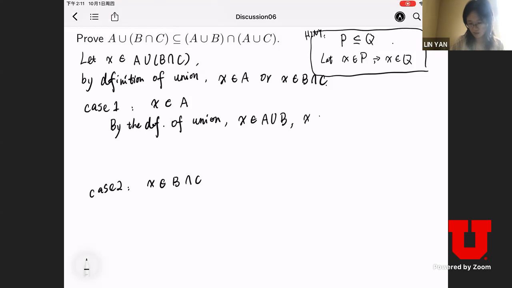Okay, by the definition of union, X is also an element of A union C.